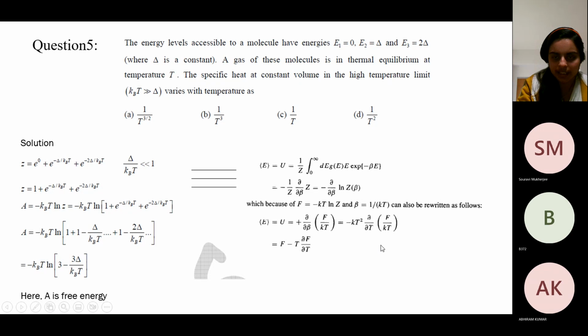The main thing is that here you directly get an expression of internal energy in terms of the free energy, and it depends on temperature. Now if you do a derivative with respect to temperature, that directly tells you how the specific heat depends on temperature. You don't have to do all the calculations of entropy and the other expressions.